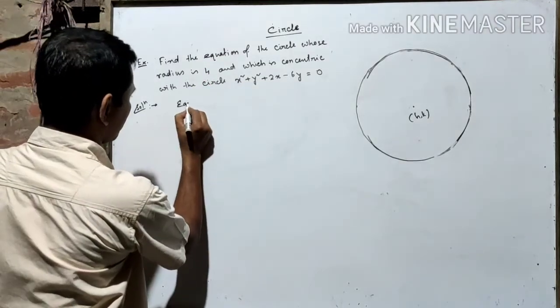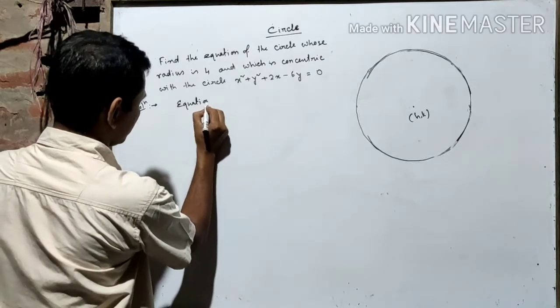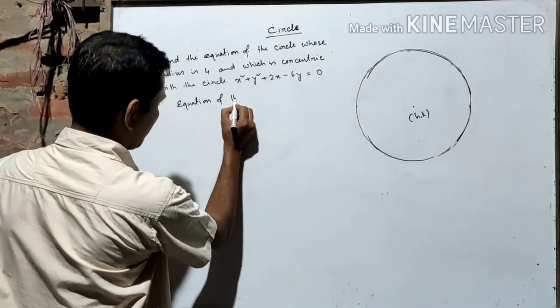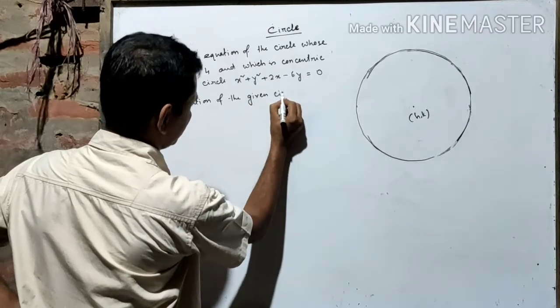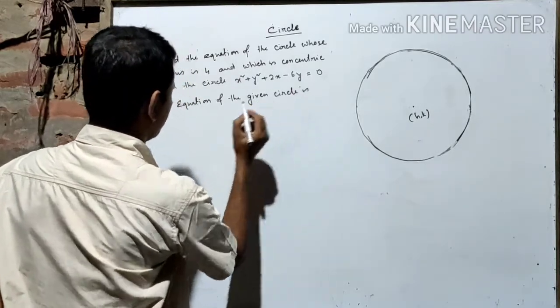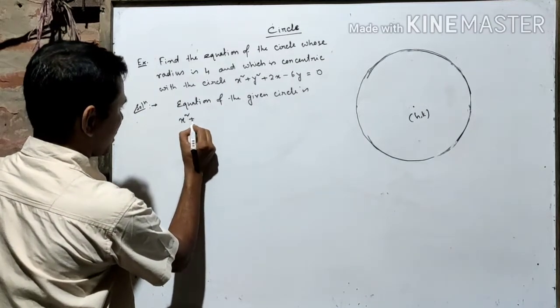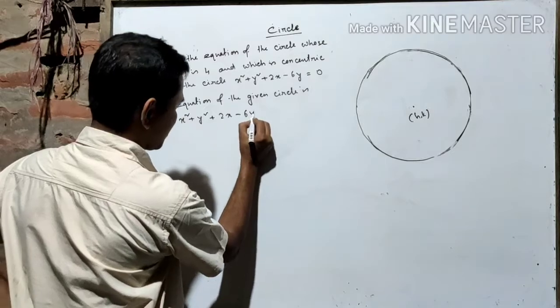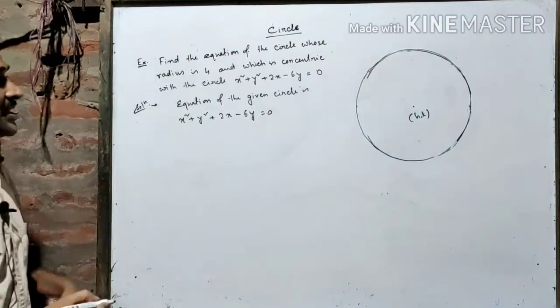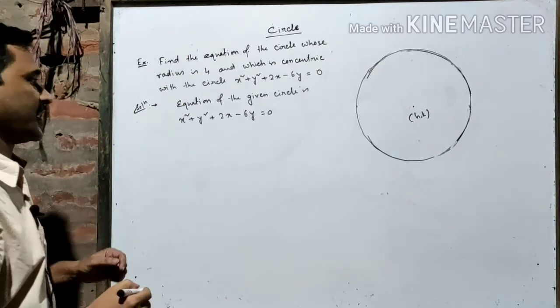Equation of the given circle is x square plus y square plus twice x minus 6y equal to 0. Let us arrange this in the form of standard equation.